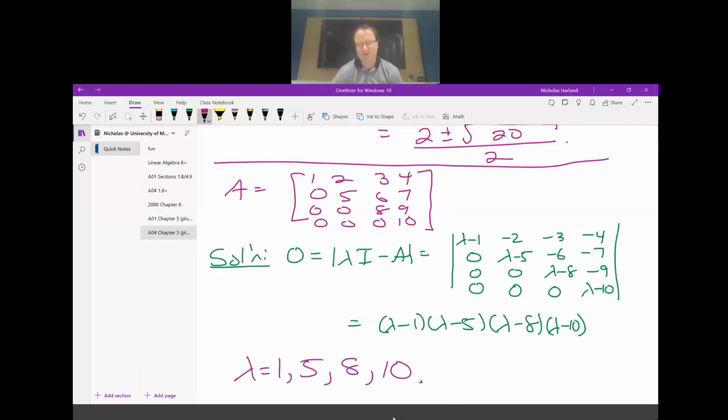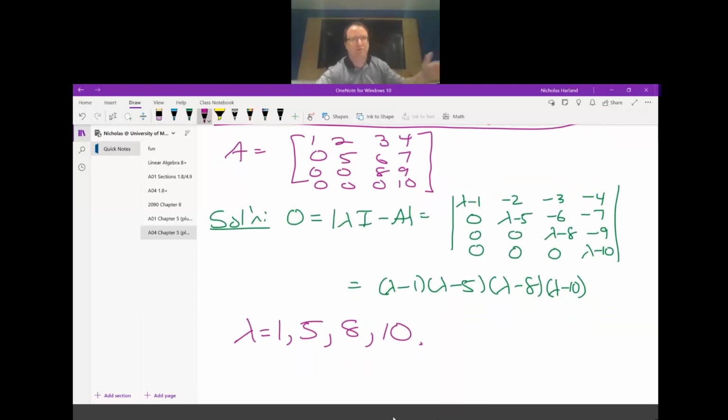Even if you hadn't seen the property before, hopefully from this example we can figure it out. What property can we get from this specific type of example? Again, we can prove it as well, but what is the property that might arise from this?